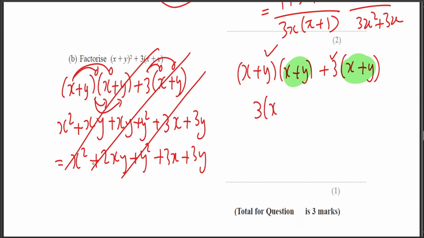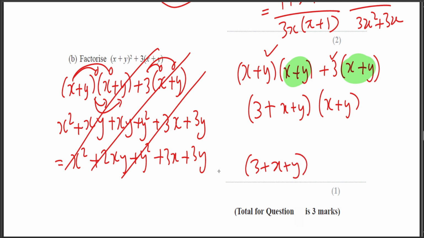Take 3 times, not 3 times, but it's supposed to be 3 plus x plus y into brackets x plus y. So it's going to give you 3 plus x plus y this way. So yeah, that is your answer. Let me just write it here so that you guys can see it afterwards.